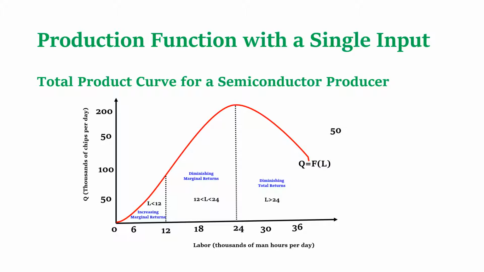So in this particular case, we say that diminishing total returns to labor have set in, because output is decreasing as more labor is employed. So when there are diminishing total returns to labor, an increase in the quantity of labor decreases the total output.